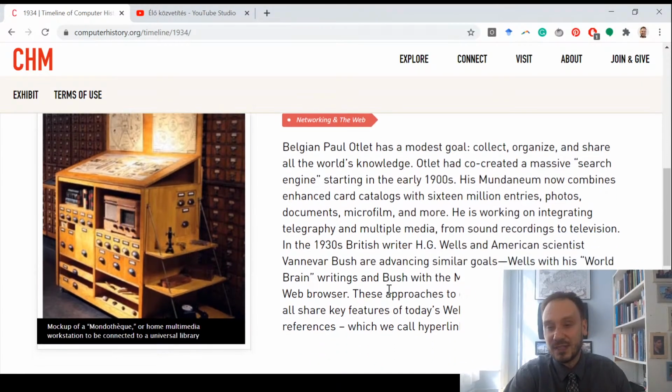So here is a vision for you. American scientist Vannevar Bush, who did some research in physics, envisioned a machine called Memex, which was supposed to connect most of the knowledge using hyperlinks, something that's popular nowadays, but in the 1930s this wasn't the case.